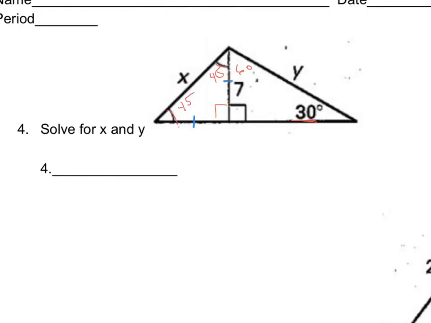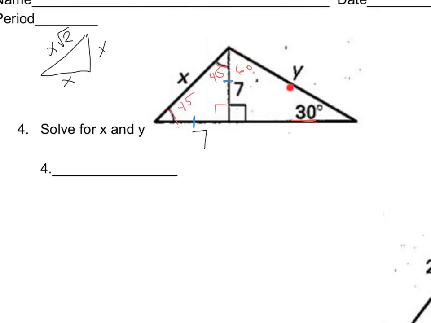So now if you remember the rules from the 45, 45, 90 triangle, they already labeled this as 7, which means this side here should also be 7. These two legs are equal, 7 and 7, and then this guy's just x radical 2. So just take your side and add radical 2, that should give you your x, right?